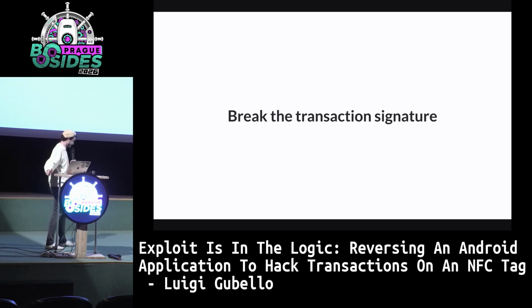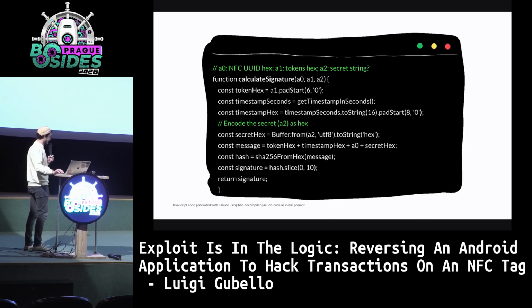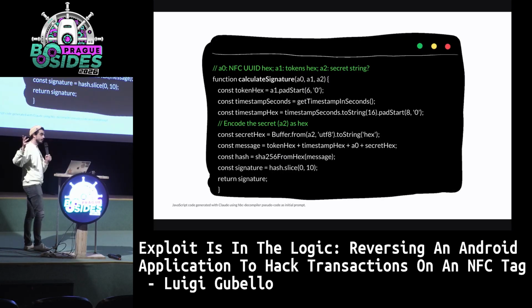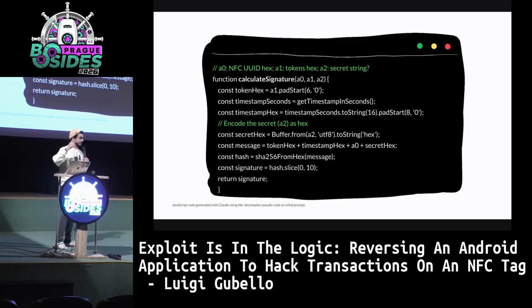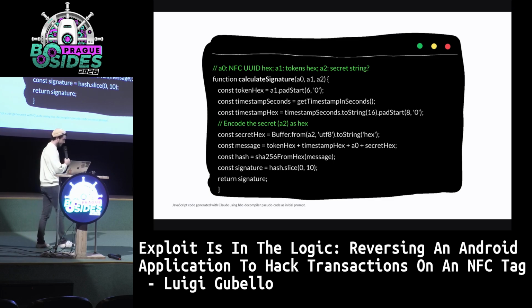If I can sign the token, if I can sign any transaction, I have technically free tokens without the necessity to pay any transaction, because other scenarios require that you buy at least the initial token. So this was the function to sign the transaction that I found in the Hermes bundle.